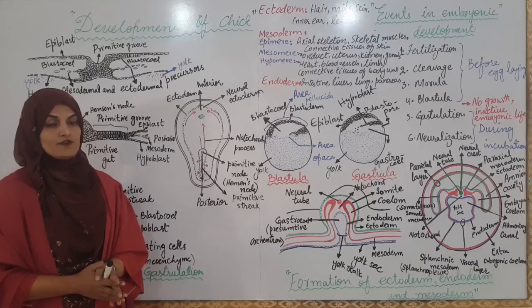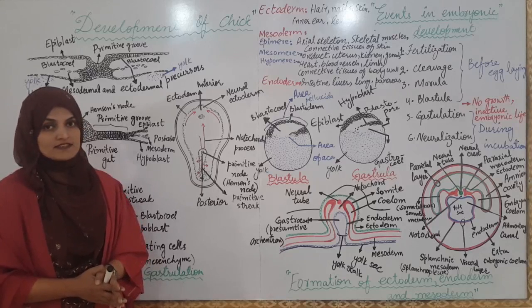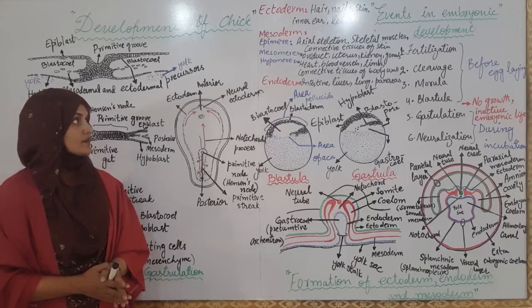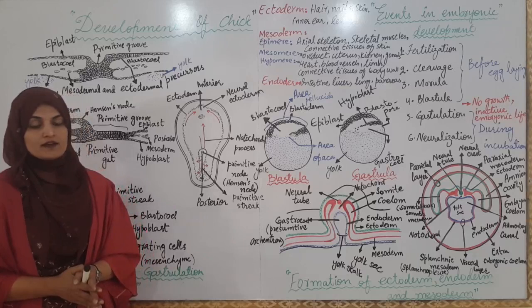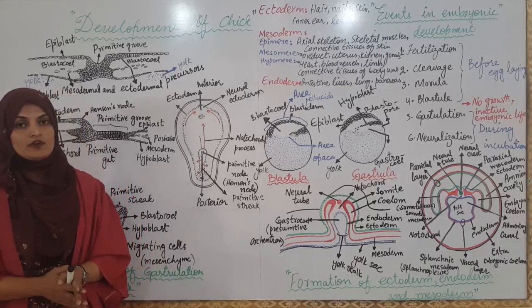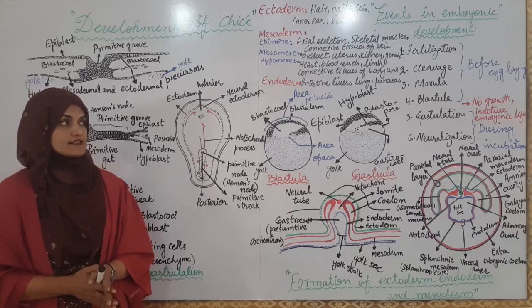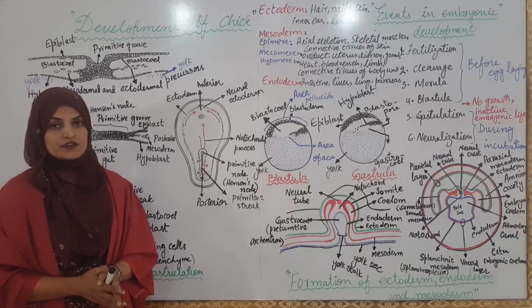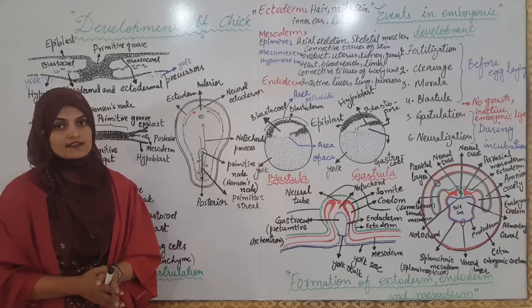Epimeres form the axial skeleton, skeletal muscles and connective tissues of skin. While mesomere takes part in the formation of the reproductive system and urinary system, that includes oviduct, uterus, kidney, ovary and testis formation.